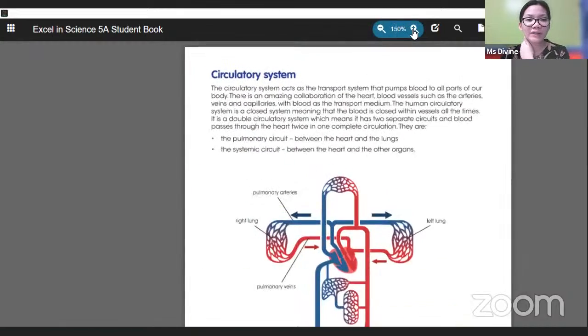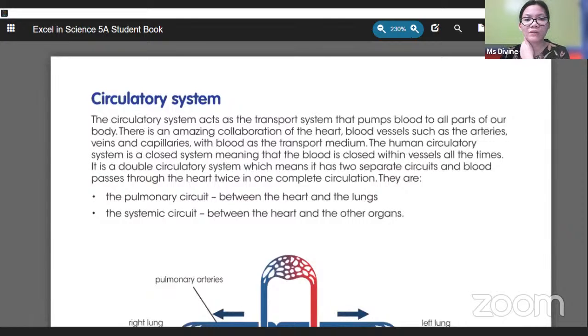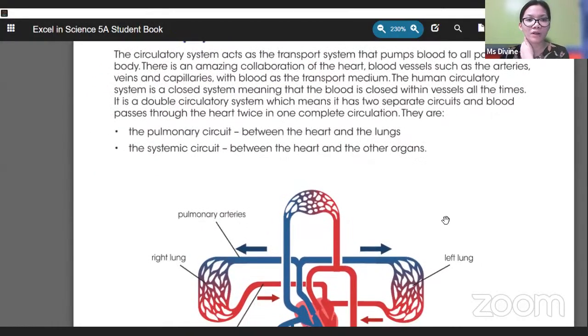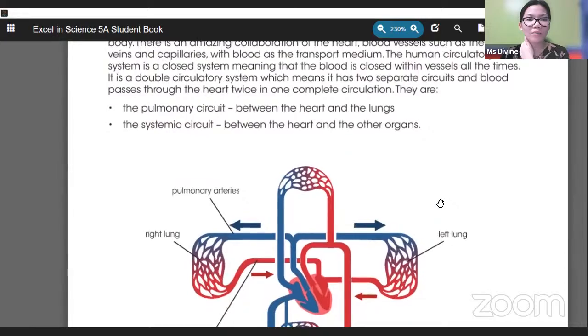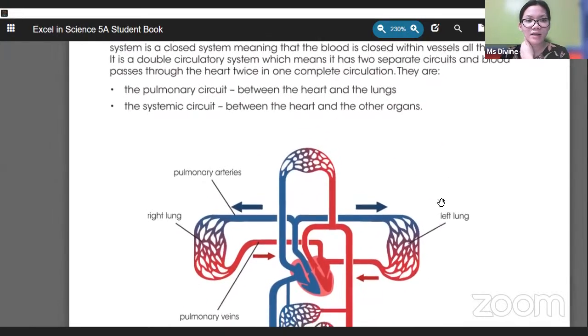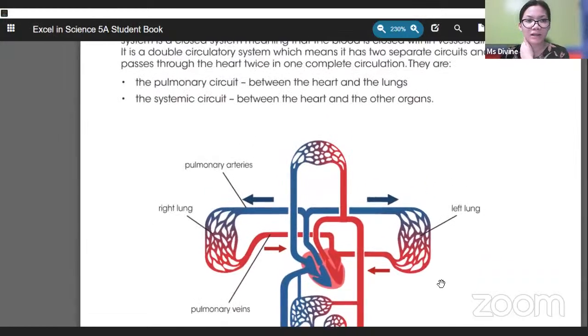Okay, circulatory system. So what is the circulatory system? This is a transport system that pumps the blood to all parts of our body. It is a collaboration of your heart and your blood vessels, as well as your arteries, veins, and capillaries.